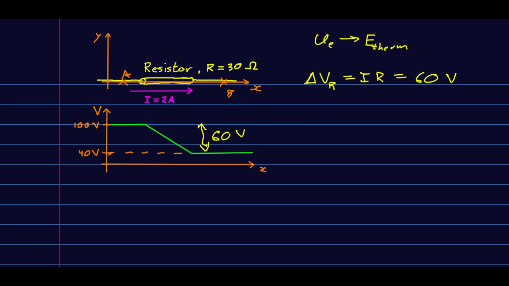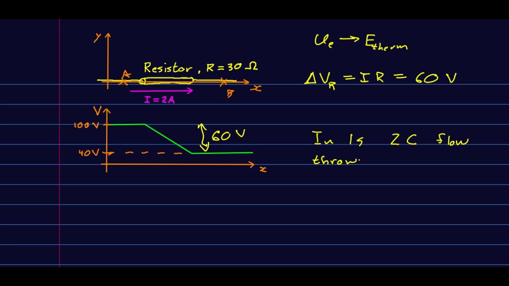Now let's look at the power usage, the rate at which UE is turning into thermal energy. Well, think about that. We have in 1 second, we've got 2 coulombs, right? That's what 2 amps is, 2 coulombs per second. So in 1 second, 2 coulombs flow through.